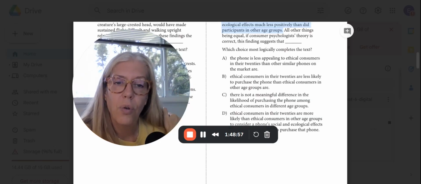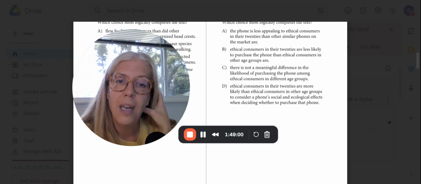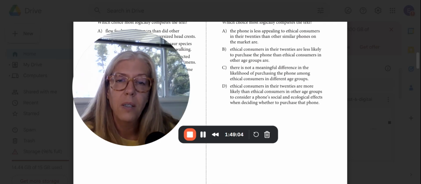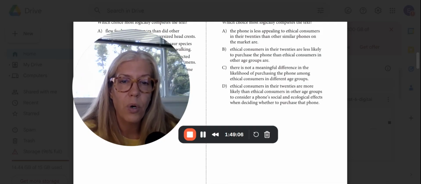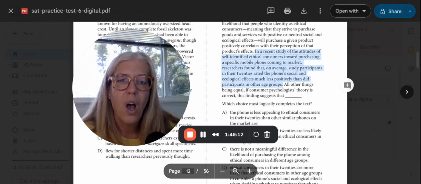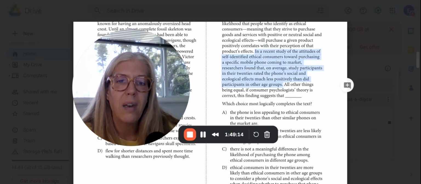Or D, ethical consumers in their 20s are more likely than ethical consumers in other age groups to consider a phone's social and ecological effects when deciding whether to purchase the phone. The ethical consumers in their 20s are more likely? No, it said the ethical consumers are likely to rate it less positively.